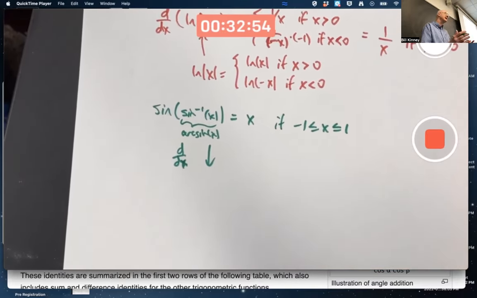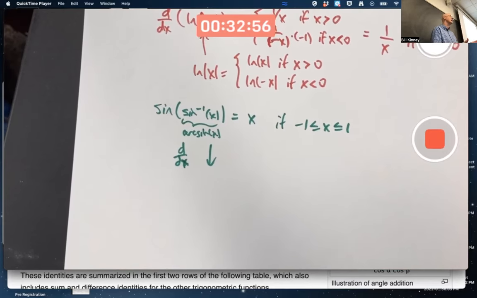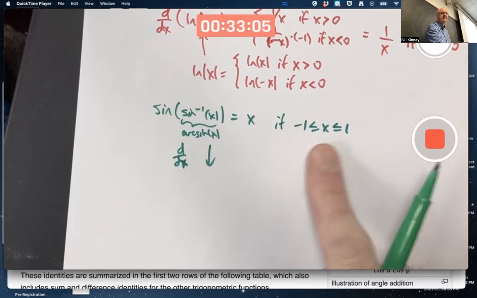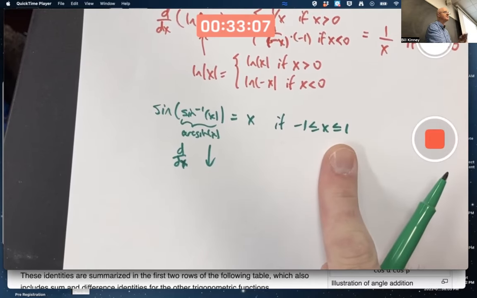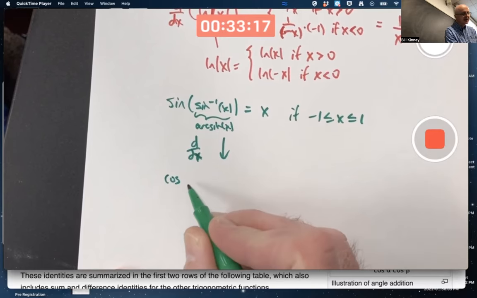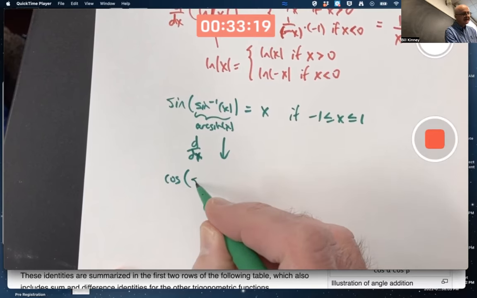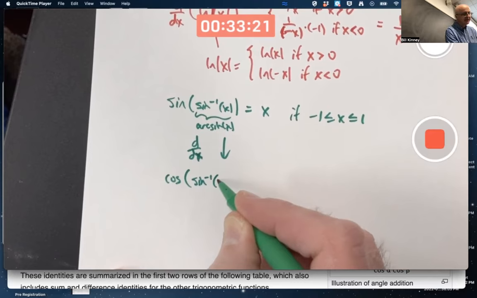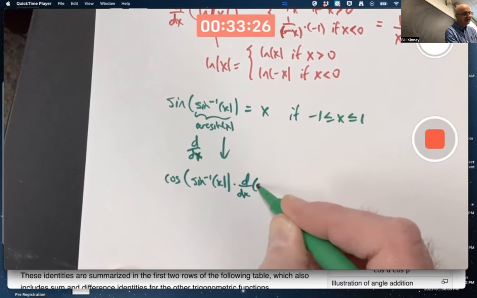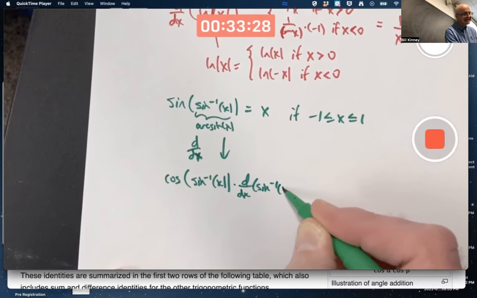Again, I'm assuming in using the chain rule on the left that inverse sine is differentiable, which is actually a problem at 2 points. It's actually not differentiable at the endpoints, though I'm not explaining why yet. The chain rule would give me the derivative of sine is cosine, plug in the inverse in the inside function, and then multiply times the derivative of the inside function. I'm applying the chain rule a lot today.